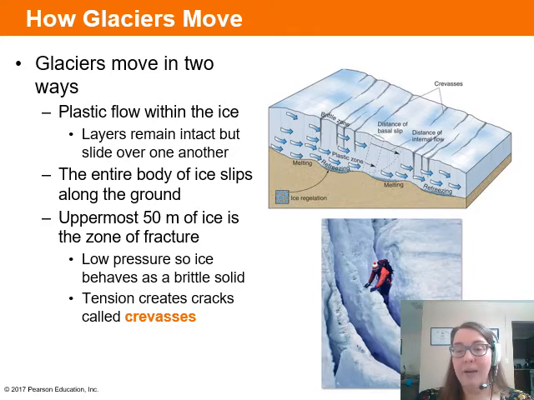Since we have high pressures along the bottom of our glacier, that means that the top of our glacier is under very low pressure. This means that this ice is going to become very brittle. Think about something like peanut brittle, where you can just snap it in half. Because the upper portions of this glacier are so brittle, we're going to have really thick, deep cracks that develop in the top of our glacier.